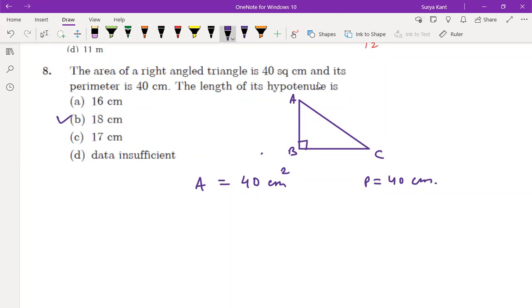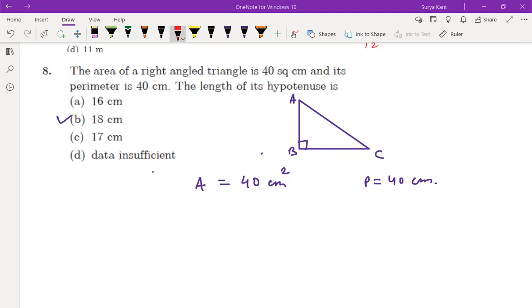How to do this question? Sir, can I tell? How did you get this?